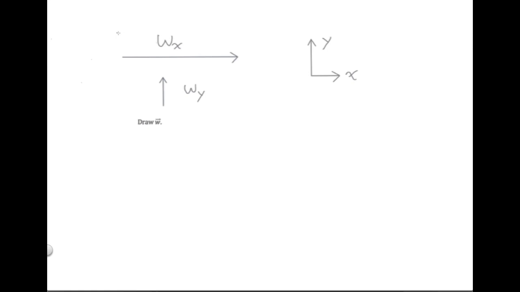So for example, if I take this component, how would I add this component? Well, we use the head to tail method. Where the x component ends, that's where our y component is going to begin.